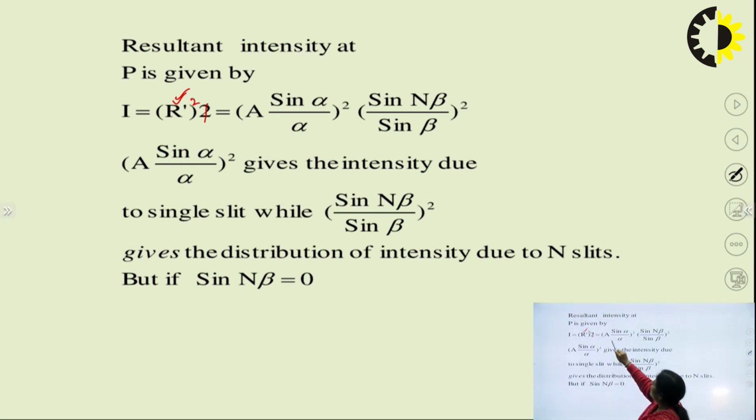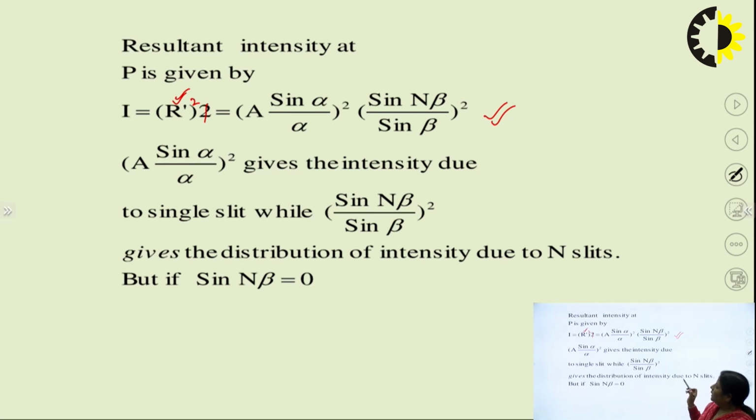When we square, we have A square, sine alpha by alpha whole square, and then sine N beta upon sine beta whole square. This part will be the intensity of the diffraction pattern generated by the N number of slits, or generated by the diffraction grating.